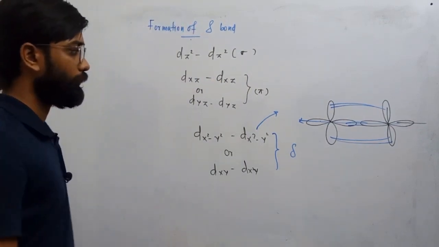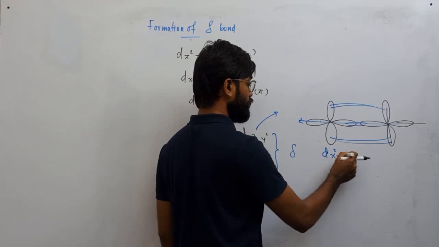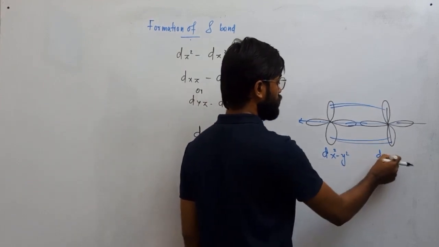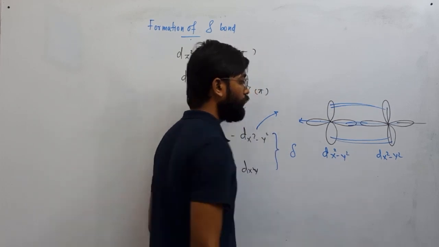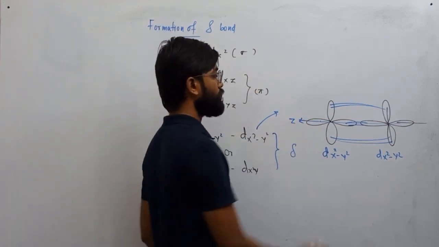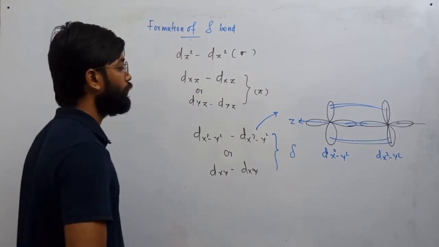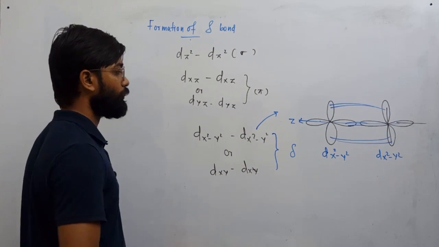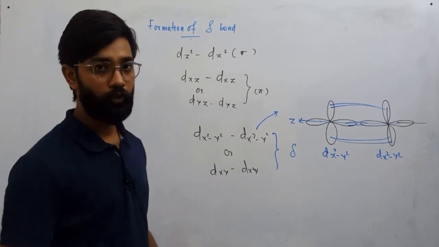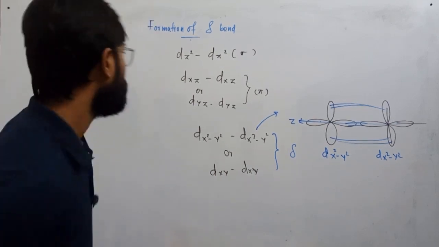A delta bond is formed between two dxy, so this is dx square minus y square, not dxy. And this is also dx square minus y square, which is along the internuclear z axis. The overlapping between them leads to the formation of delta bond. Ready? Fine.